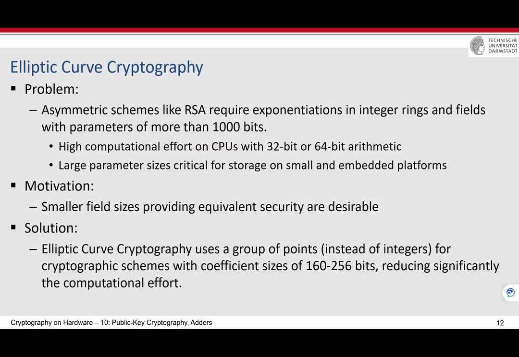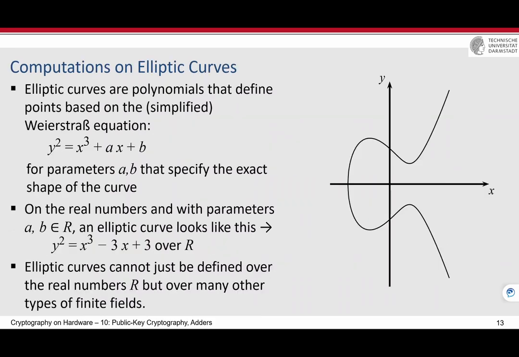You can consider how many servers there are on the internet, and they have to perform this all the time, with so many users and so many times per second, and how much power we are losing because RSA uses very large exponents. That is, of course, the motivation. The solution is ECC, with much smaller operands, for example 160 bits to 256 bits.